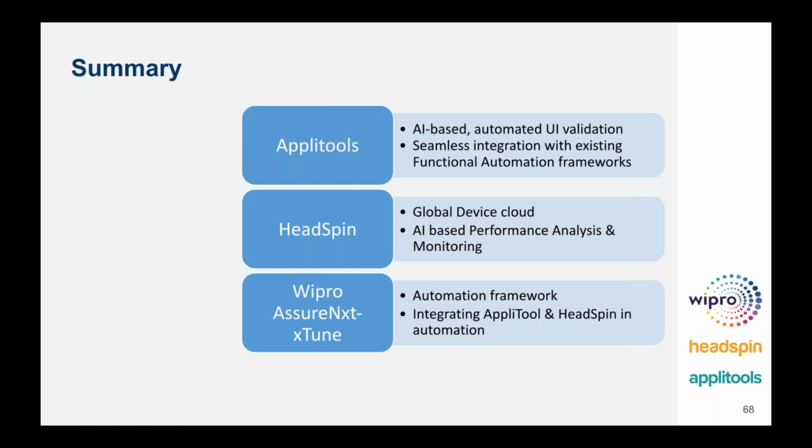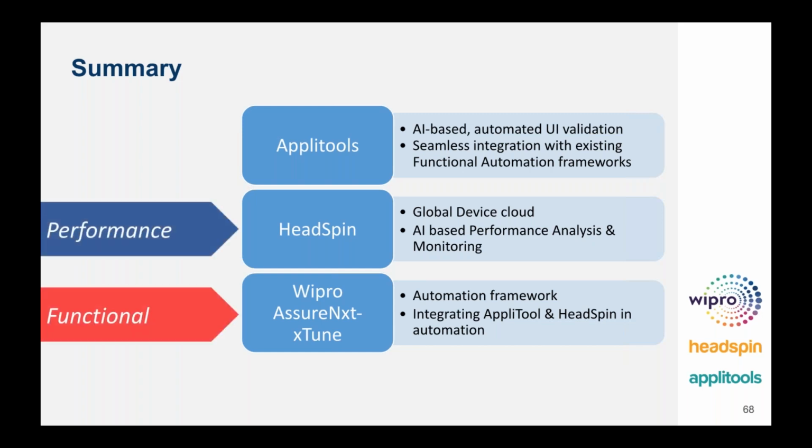And on top of which you can do performance analysis and monitoring using our AI-based issue detection system. And of course, Wipro, which ties together beautifully both Applitools and HeadSpin with their automation framework. That's the summary of today's webinar, wherein we tie the functional, performance, and the user experience together.